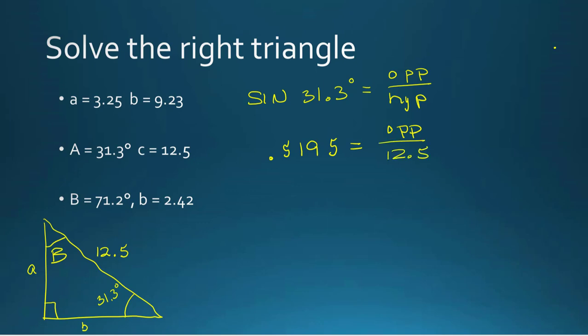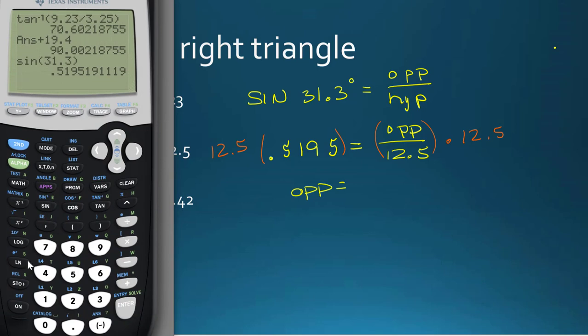So you'll see people who'll say, I'll multiply both sides by 12.5. And then that gives them that the opposite side is, I have my silly thingy hiding down there.